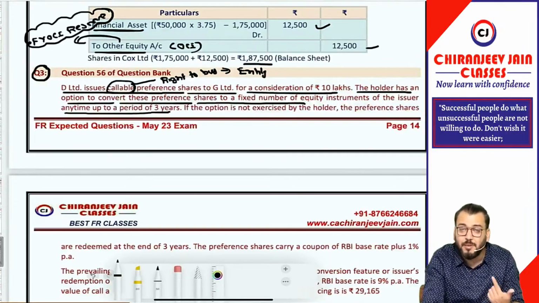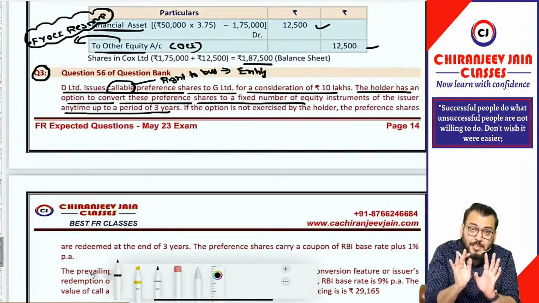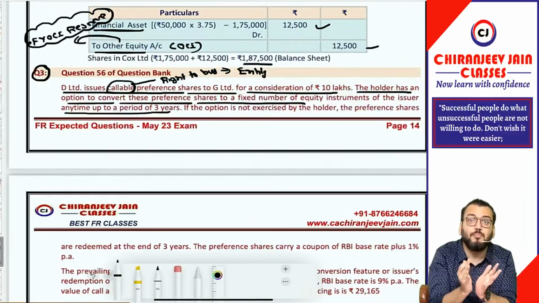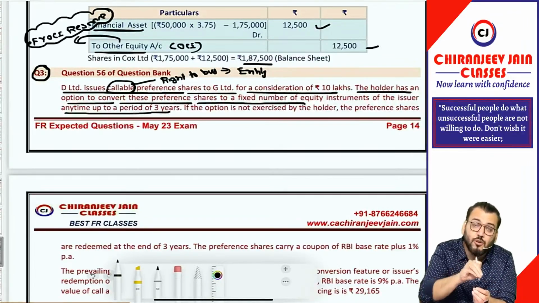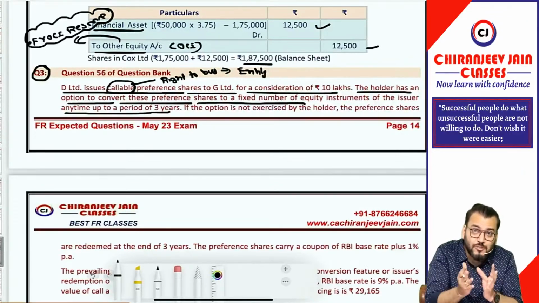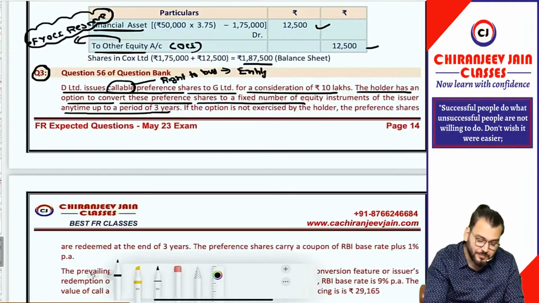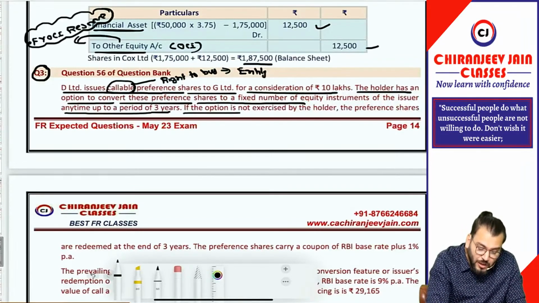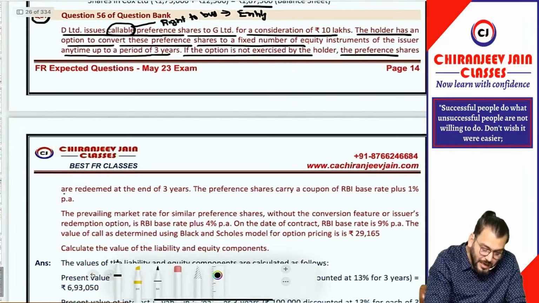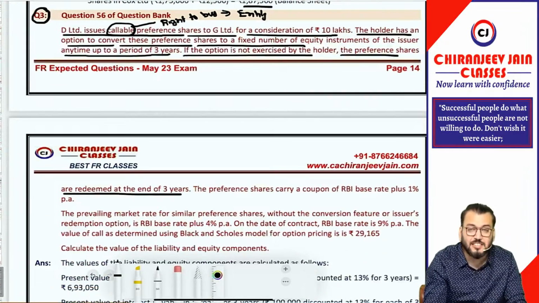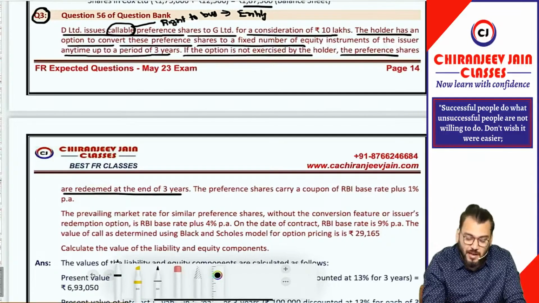Optionally convertible preference shares are a compound financial instrument in which a call option is inserted. Correct? If the option is not exercised by the holder, the preference shares are redeemed at the end of 3 years. If nothing is given, we always assume redeemable at par.